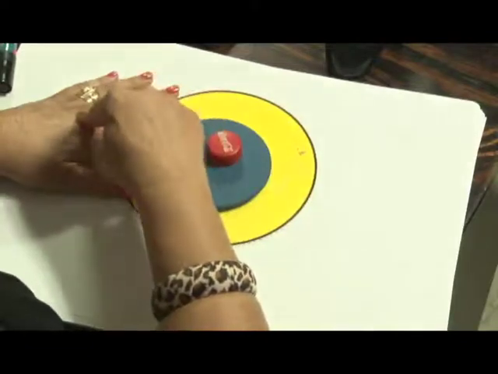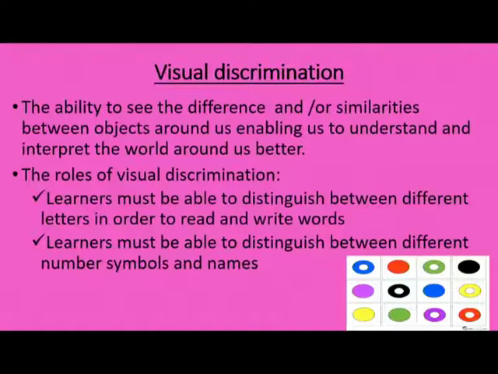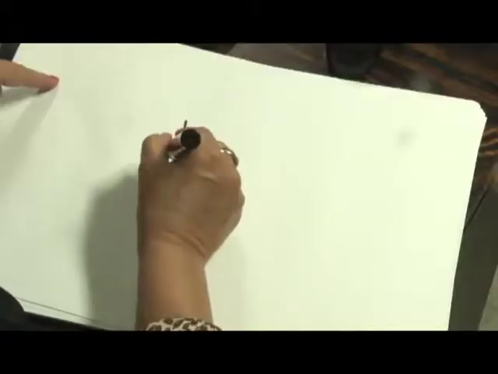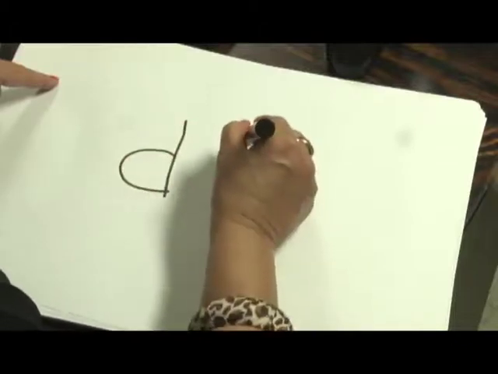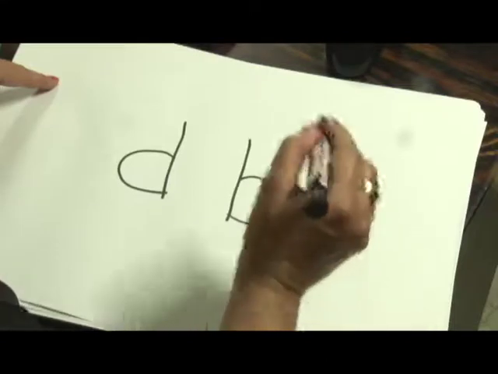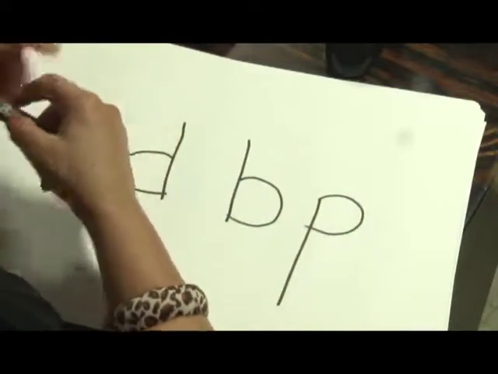So why should learners be able to discriminate between similarities and differences? It's because when they start writing, many of our learners have problems with the D and the B and the P. So they struggle to read.